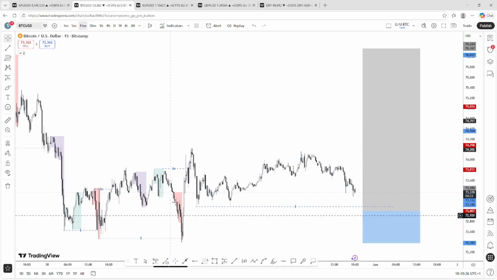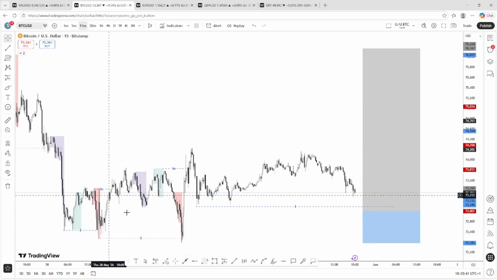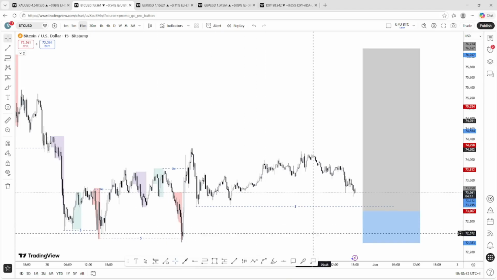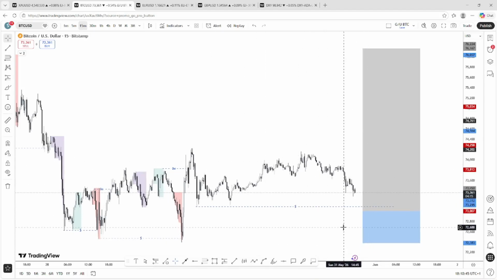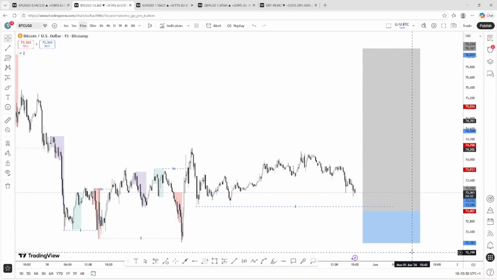For this liquidity swap which has happened here, there's a very high chance that we can have that retracement to these levels before we continue to the downside.